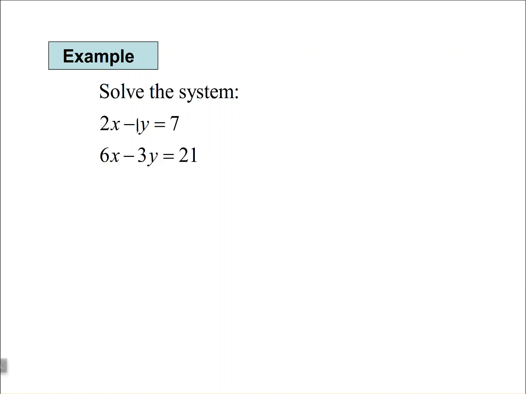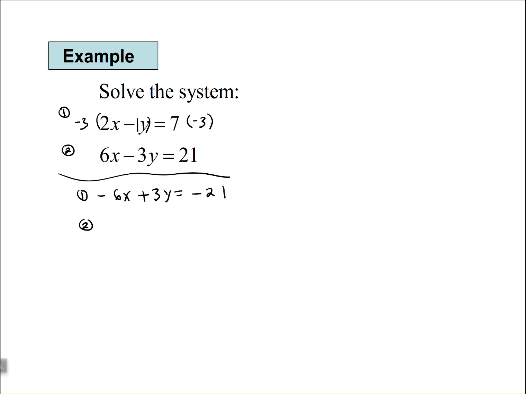A negative times a negative makes a positive, so I will multiply equation 1 by negative 3. That will give me negative 6x plus 3y equals negative 21. In equation 2, I already had the number that I wanted on y, so I'm going to leave it exactly like it is.